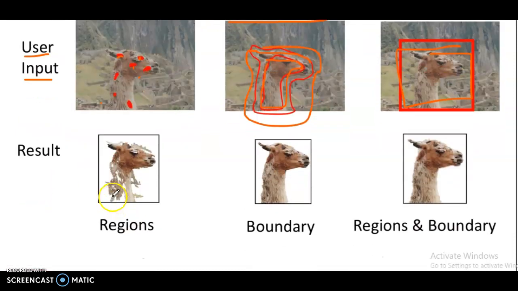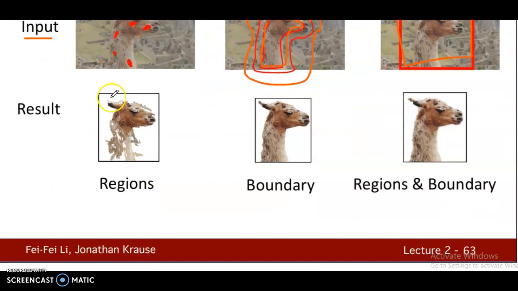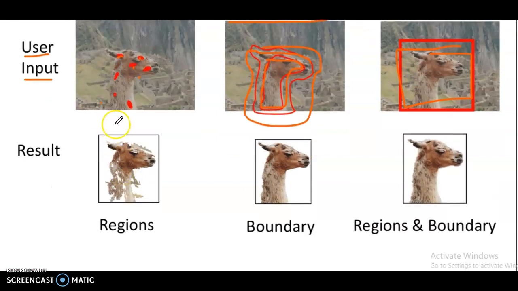Result here: for this one, these regions are available and this one is removed, this one removed, this one removed.